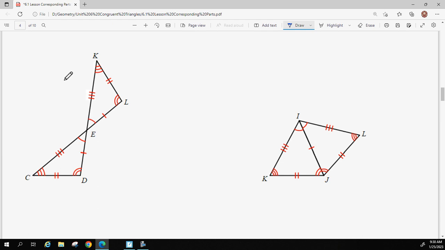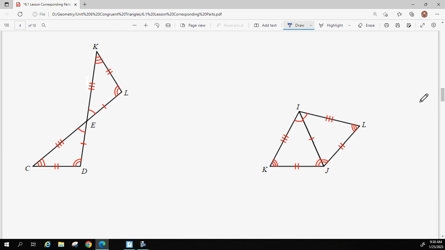And so typically I like to start with the triangle on the left, or that looks like it's furthest to the left, so maybe this triangle is furthest to the left. And I'm just going to go in order of the number of markings. And I'm just going to look at the angles here. I'll ignore the sides. If I look at the angles, E has 1 mark, B has 2 marks, C has 3 marks.